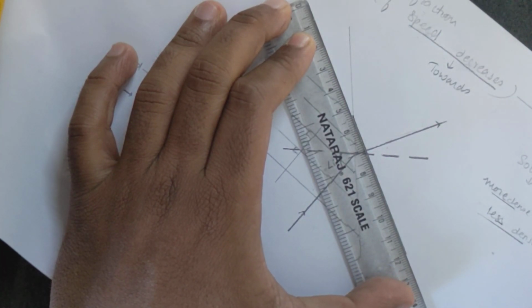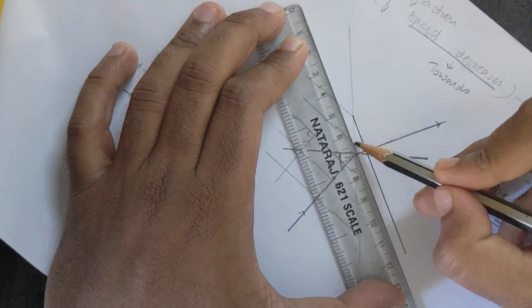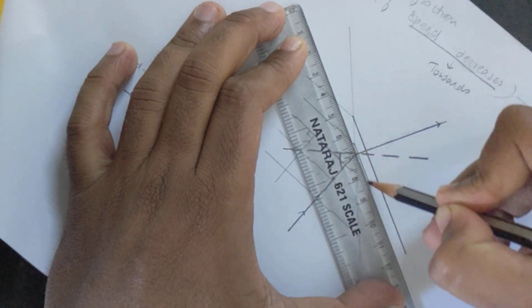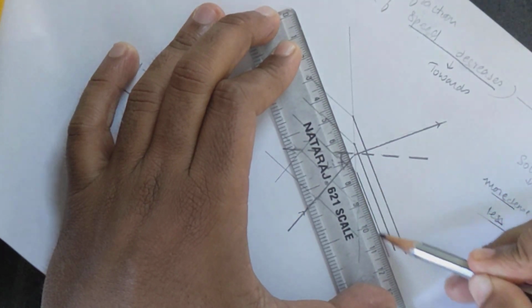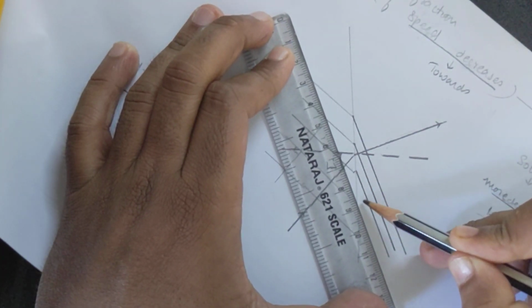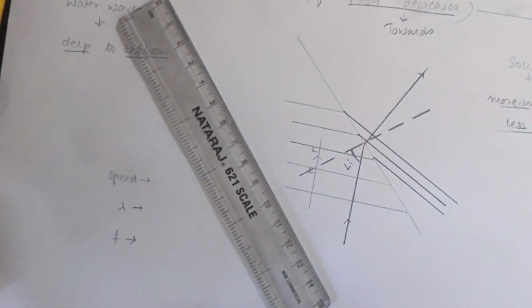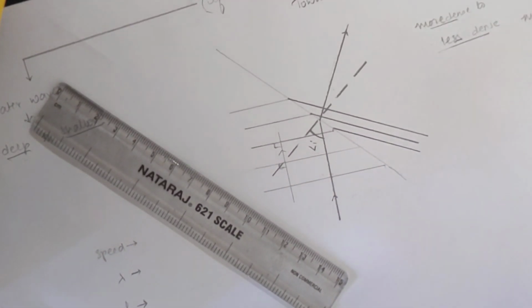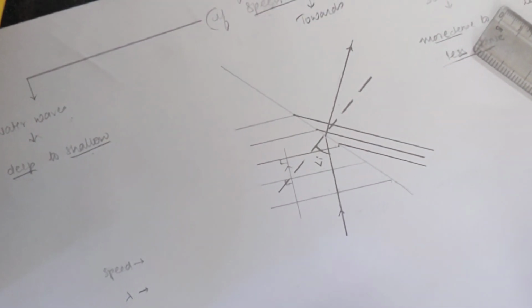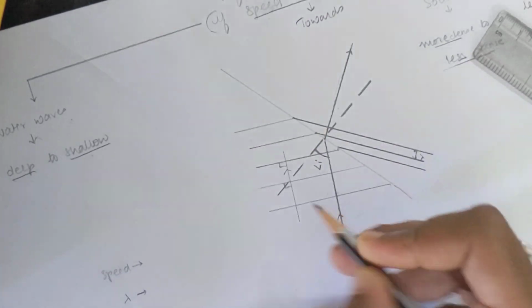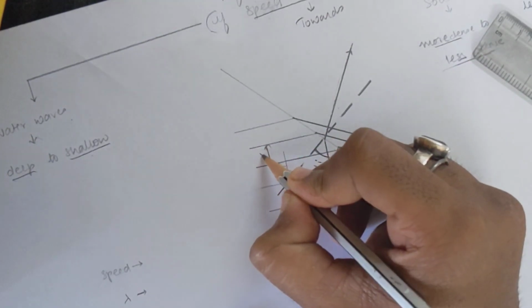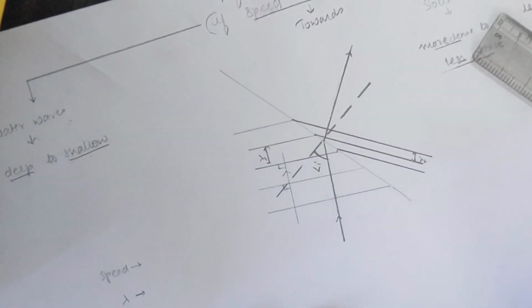You need to drag this down to draw the second wave front. I keep dragging it until I reach the third wave front, and then the fourth wave front. This is what you need to do. Once you are done with your diagram, you will see that the new wavelength compared to the first wavelength has decreased.